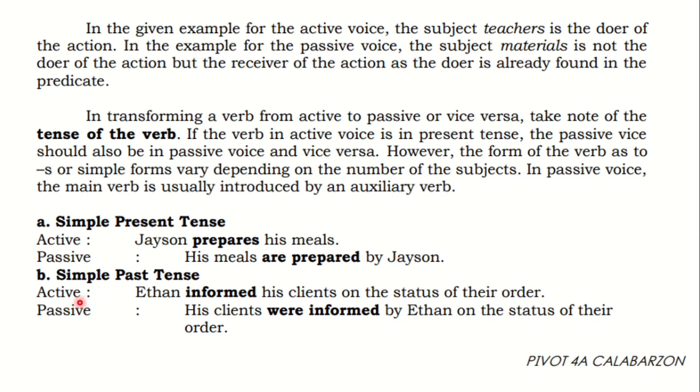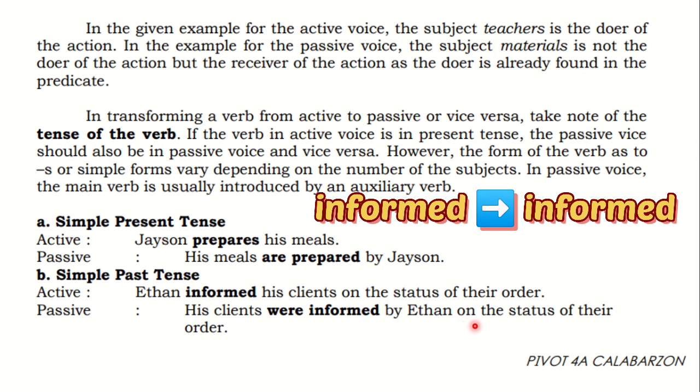Simple present tense active: Ethan informed his clients on the status of their order. The passive is his clients were informed by Ethan on the status of their order.